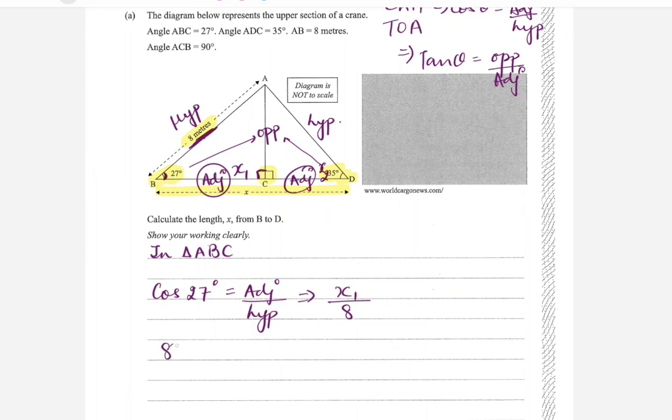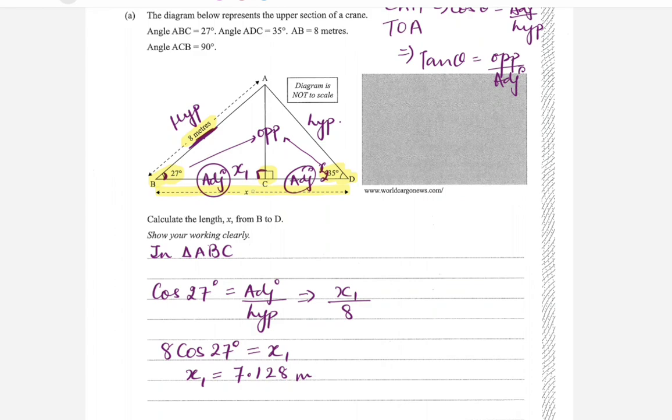That will give us 8 cos 27 degrees is equal to x1. If you put that into your calculator, you will get the answer. So x1 is equal to 7.128 meters.